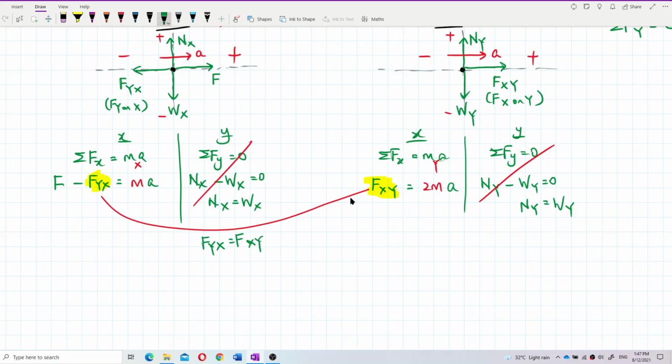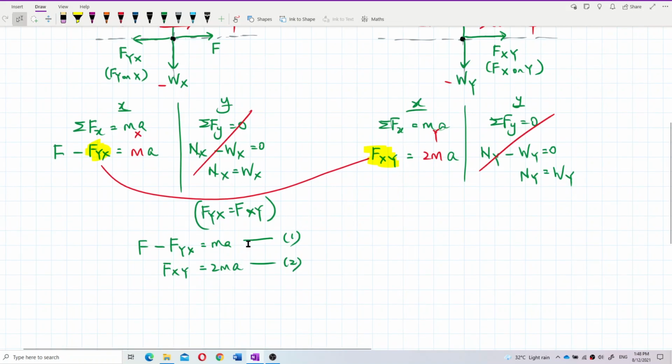So we have two formulas here. Fyx equals ma, and then we have another formula, Fxy equals 2ma. So we have two formulas, 1 and 2. How do we find Fyx?